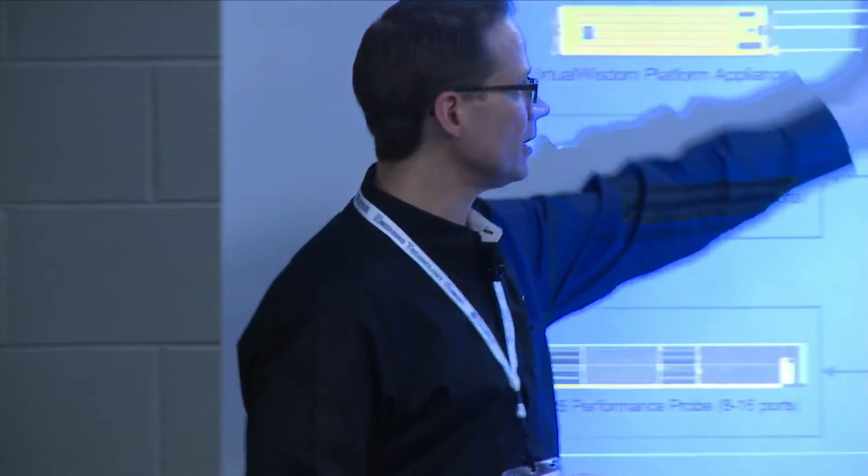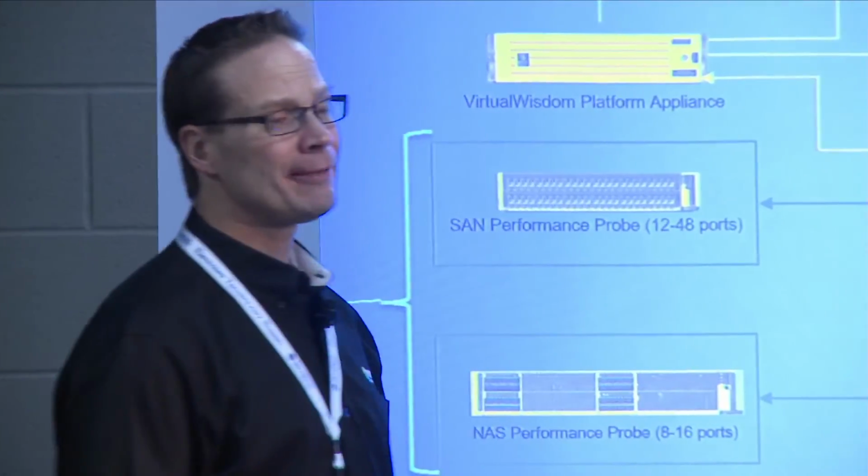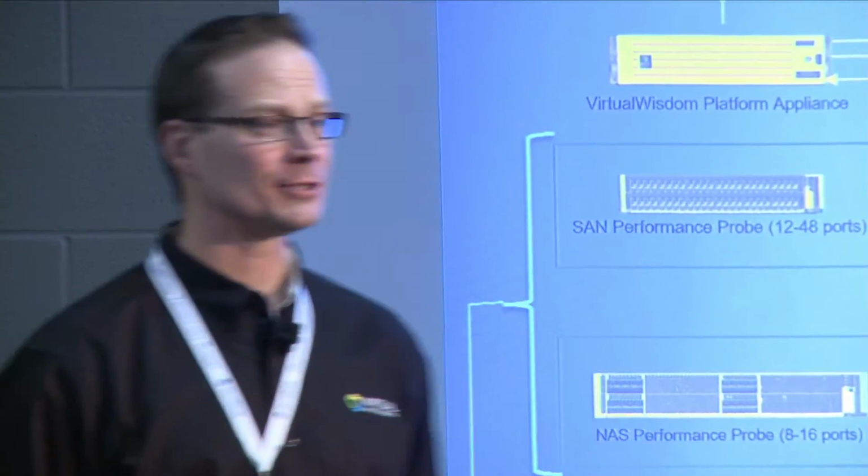Now, some new things that we're adding: we bought a company called Zengati not too long ago. What we've really heard from our customers is, Mark, this is great, number one, it's awesome. But unfortunately, from the management side, IT ops, IT managers, CIO, what they're having a problem with is, this is great, problem is I can't relate to my customers, because I can't map applications to the physical infrastructure.